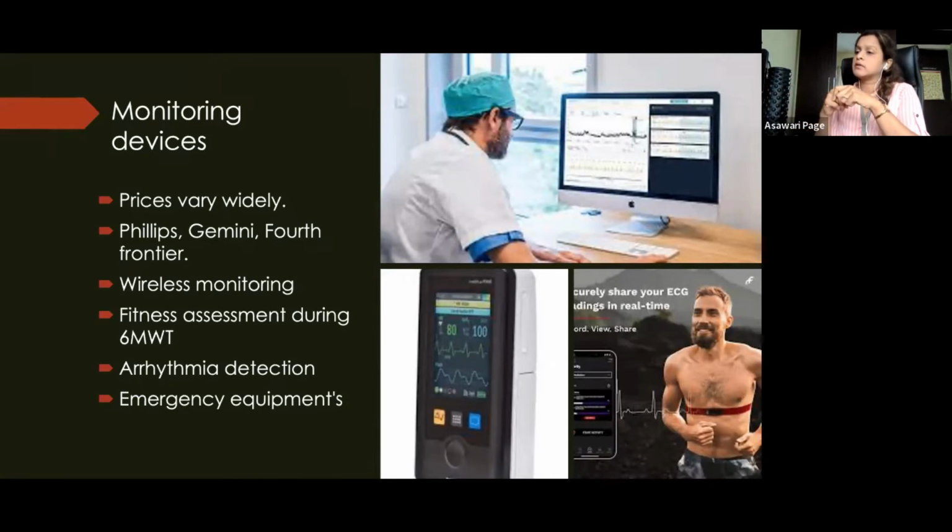So you can link it to any device you want, either an iPad or your phone itself, and it becomes very user friendly to monitor a person's progress. These are the basic, established companies commonly used in almost all the established cardiac rehab centers.